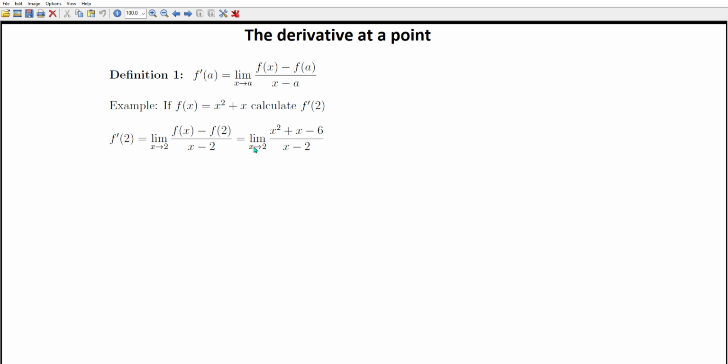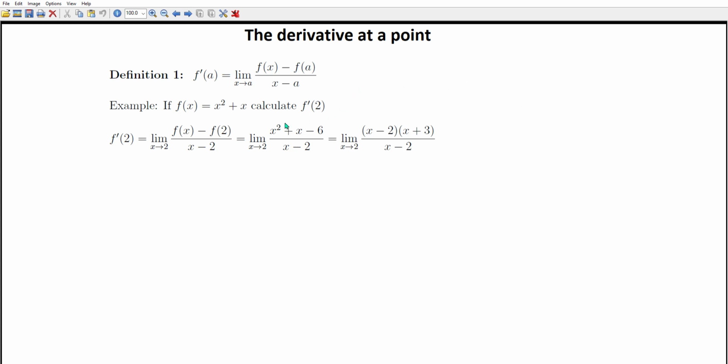Now, if you look, you discover that when x equals 2, the top is 0, and so is the bottom. So this is a 0 over 0 indeterminate form. We know that we have to do some work to find this limit, and the work in this particular case is going to be factoring.